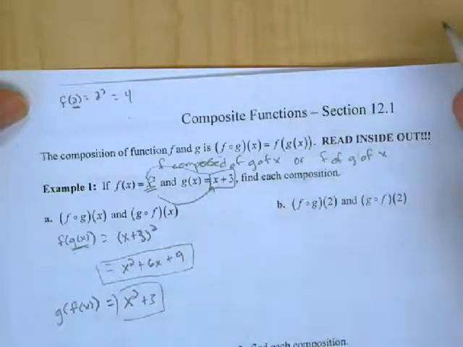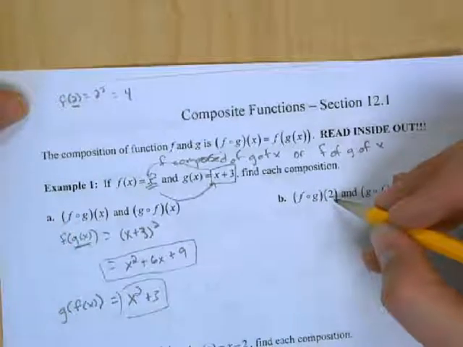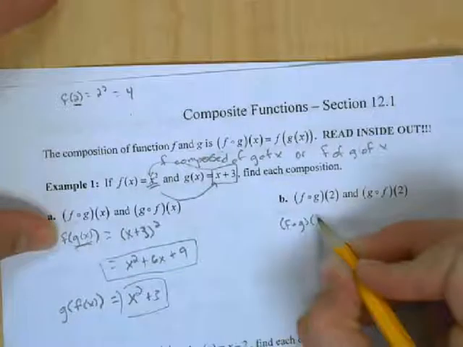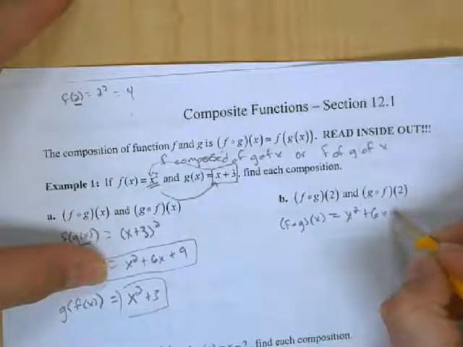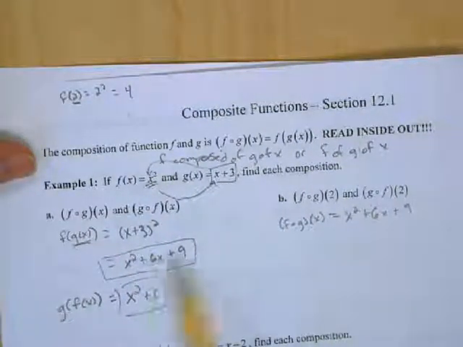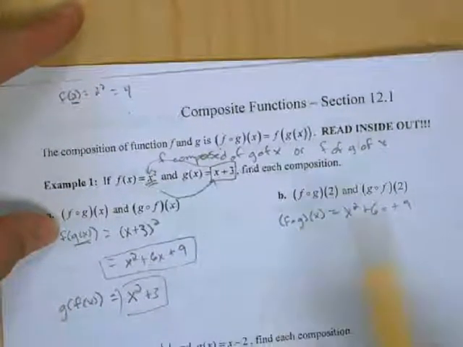Well, this is the same sort of idea. If I want F composed of G of 2, I go to my F composed of G of X, which we already found to be X squared plus 6X plus 9. We found that right here. F composed of G of X, because these two things mean the same, is X squared plus 6X plus 9.